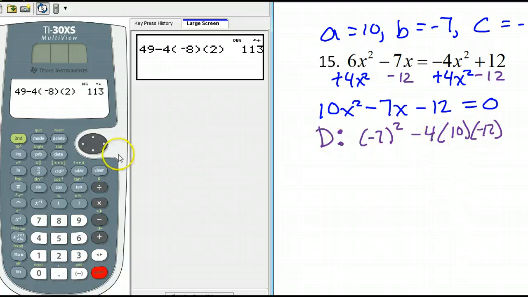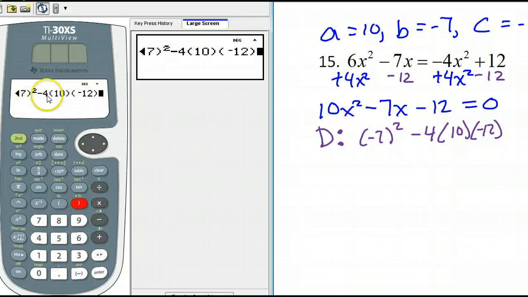Okay, so if I'm going to type this in my calculator, say if I don't know my multiplication, if I don't know what 7 times 7 is, I probably have bigger problems than this. But negative 7, you have to put it in parentheses. So it would be negative 7 squared minus 4 times 10 times negative 12.